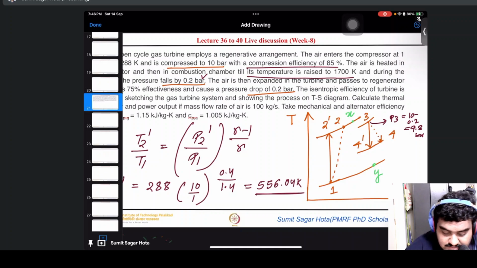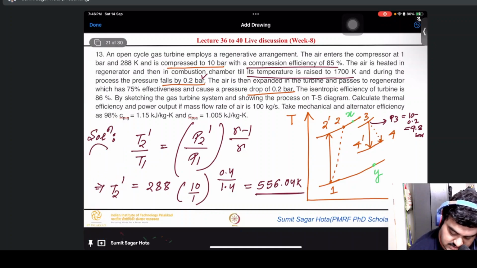Similarly, if you see here, the pressure drops by 0.2 bar. The air is then expanded in the turbine and passed to a regenerator with some effectiveness, and it drops by 0.2 bar.